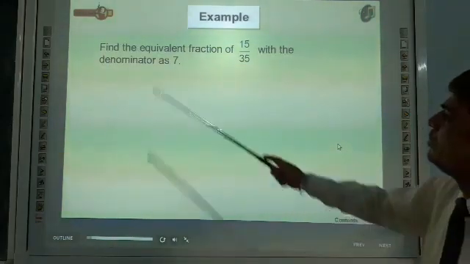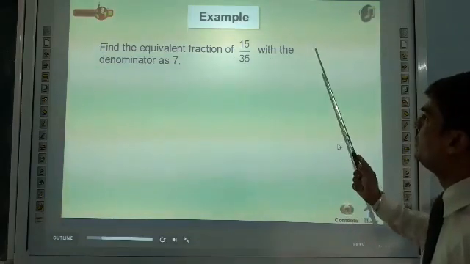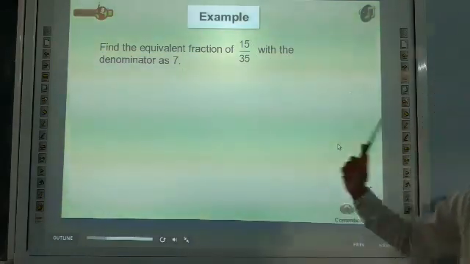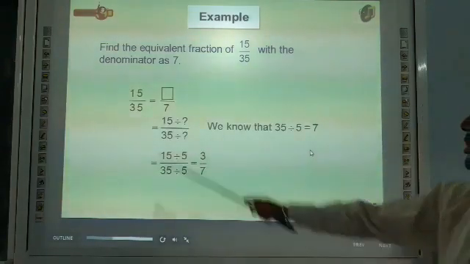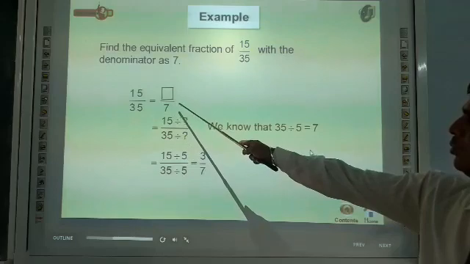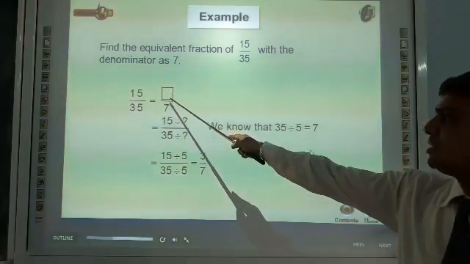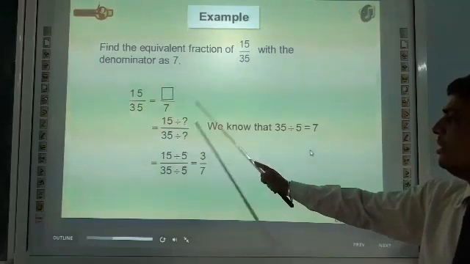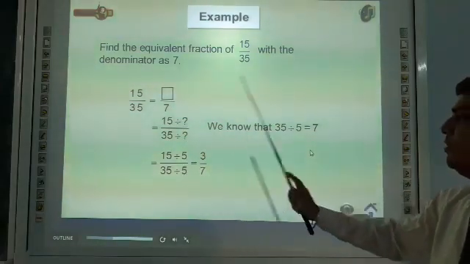For example, find the equivalent fraction of 15 upon 35 with the denominator as 7. 15 upon 35 is equal to, find the value of this upon 7. 15 divided by the value, upon 35 divided by the value.